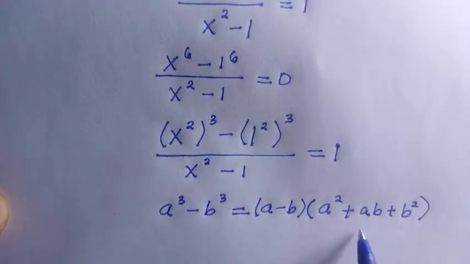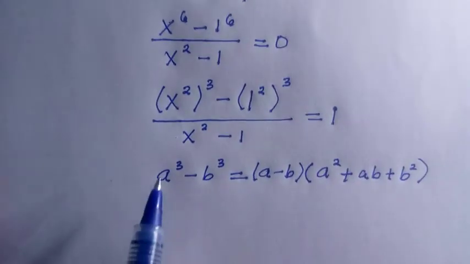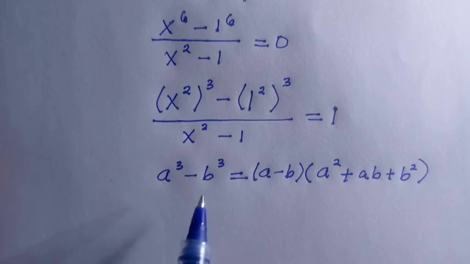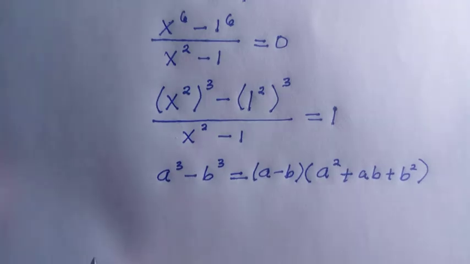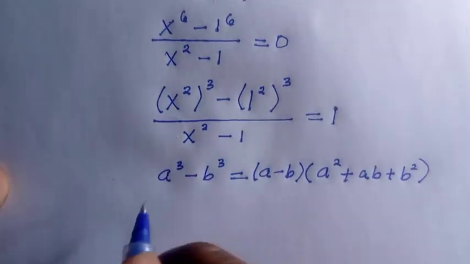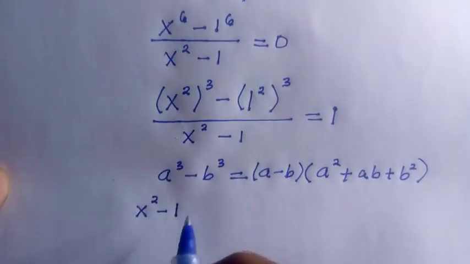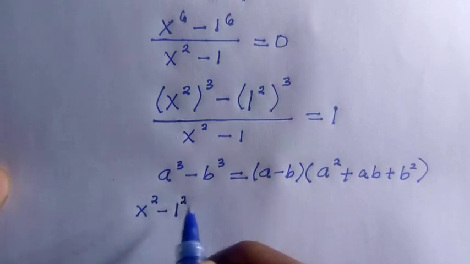So this is the identity for the difference of two cubes. When we apply it above, a is our x squared and b is our 1 to the power of 2, so considering this one only, we write it as x to the power of 2 minus 1 to the power of 2.